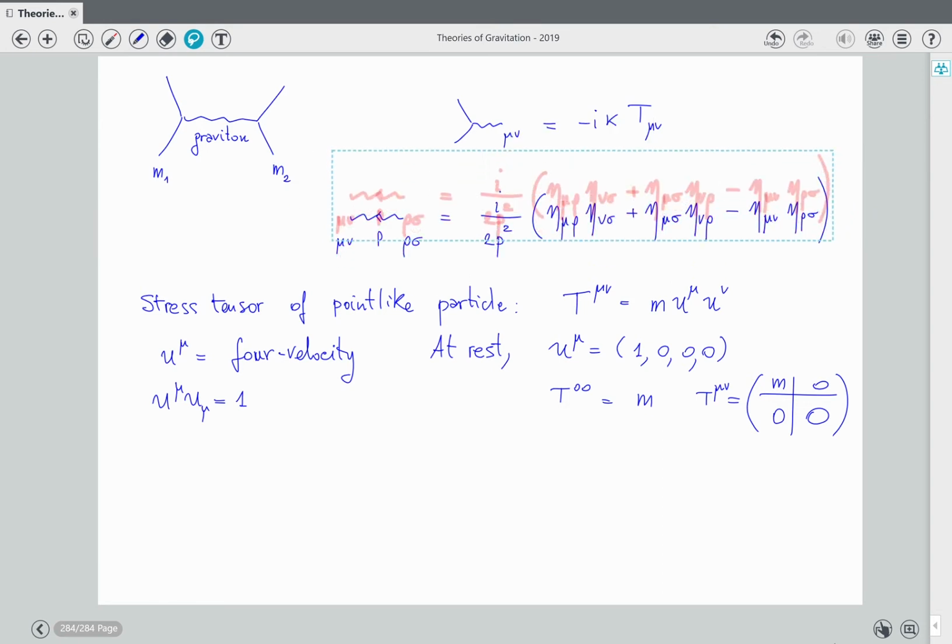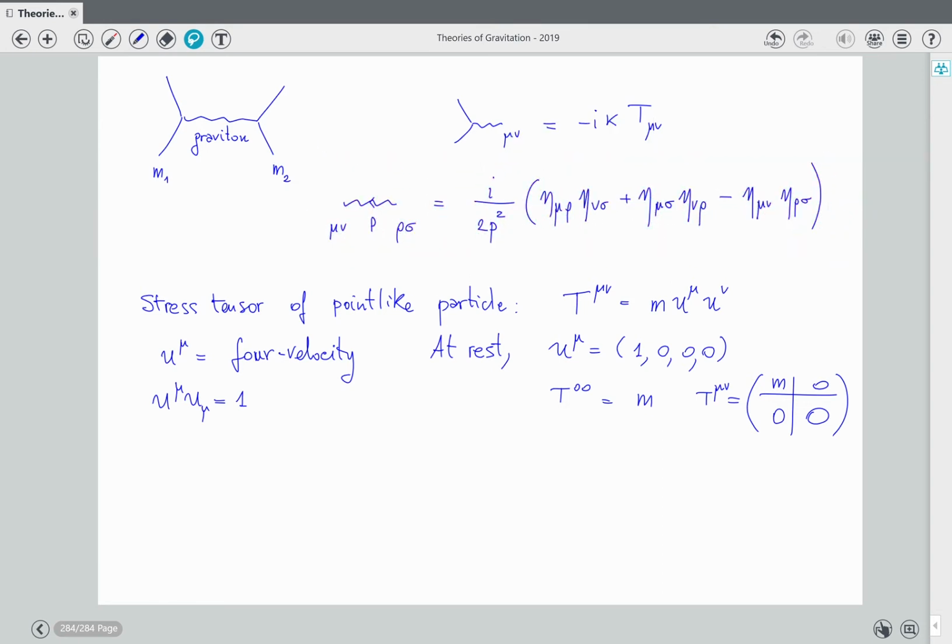What is the stress tensor of light, a photon of energy E? That is quite similar. It is the energy times e mu e nu. But now e squared is equal to 0.